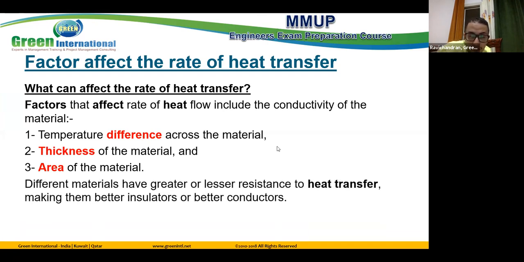So we have different parameters for that. We collect all these parameters and put them in one relation. Some of these parameters may change from one to another according to the type of heat transfer itself: conduction, convection, radiation.